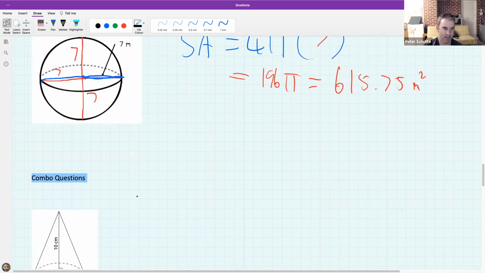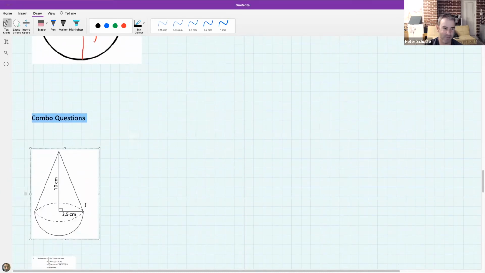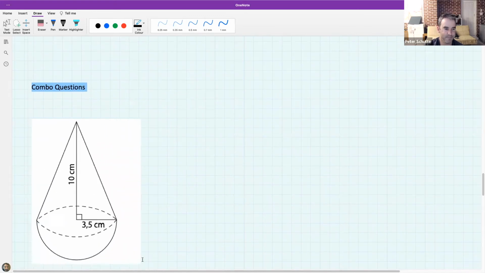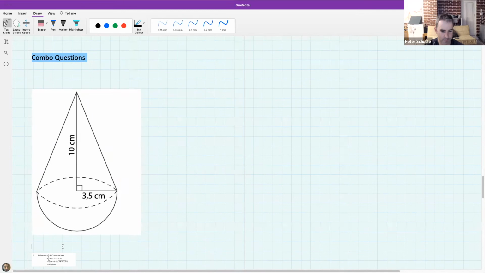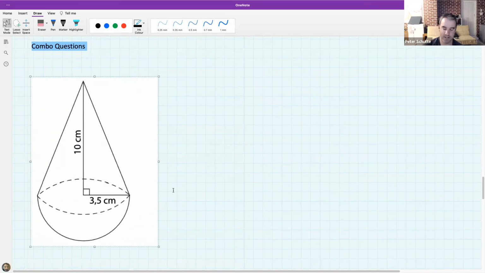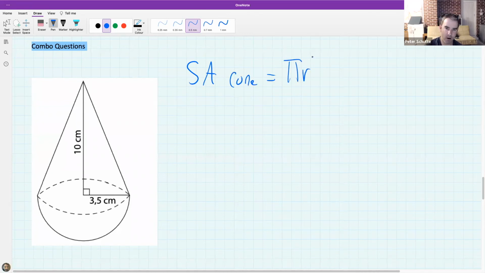Okay, fantastic. You knew this was coming. So, time for combo questions. I will give you the formulas like they would give it to you in the exam. So, they will say the surface area of a cone is pi r squared plus pi r s.